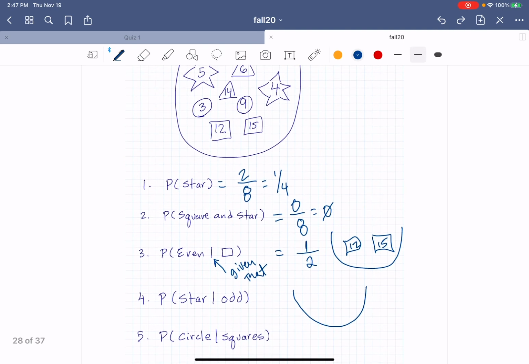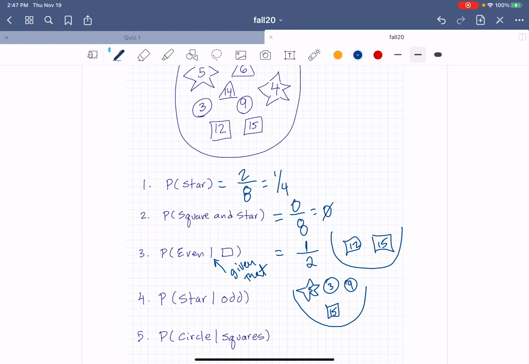Well, there's a star. That's odd. There is a circle. That's odd. And another circle. That's odd. And then there's a square. That's odd.